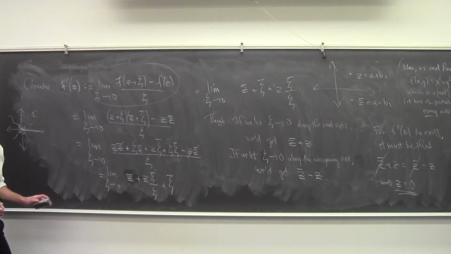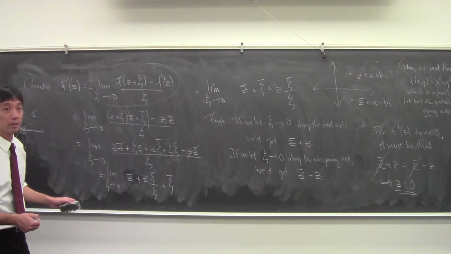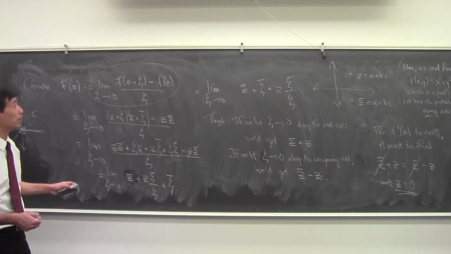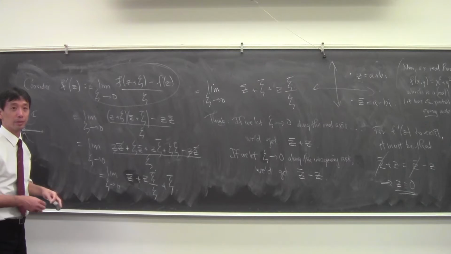How can you differentiate something at 0 if the function is just 0? If z equals 0, the function is 0 at 0, that's true. So what would be an example of a function you could differentiate in the complex plane at 0?